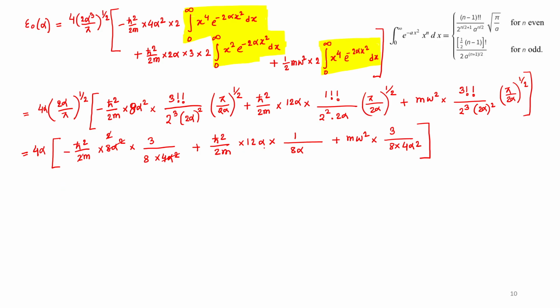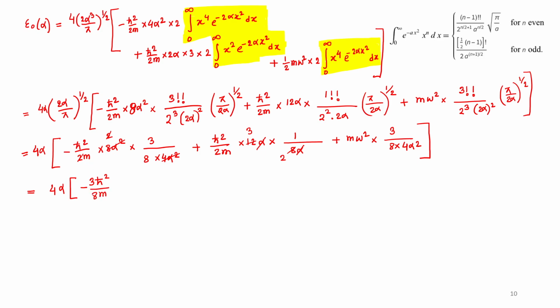Then from here we have alpha, 1, then 2, 2, 3, let us see. We have alpha here, alpha minus square, 3h part 2 square by 8.